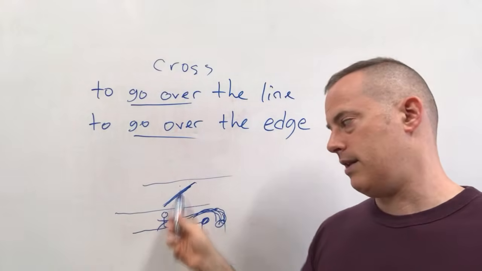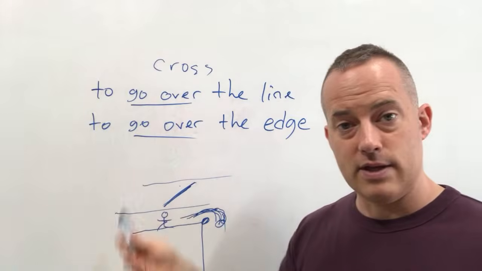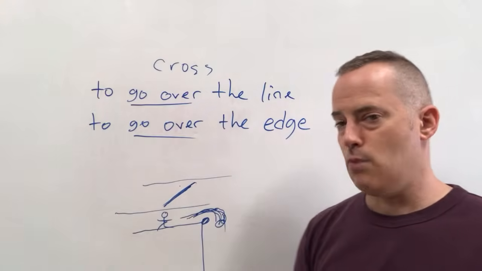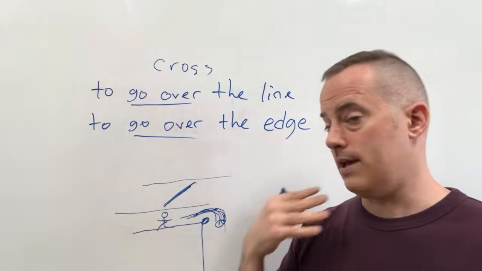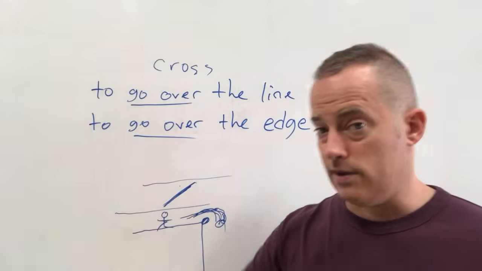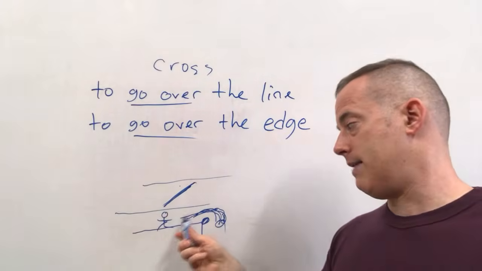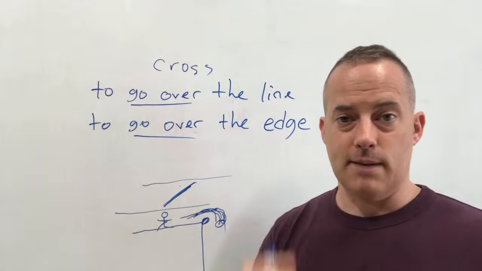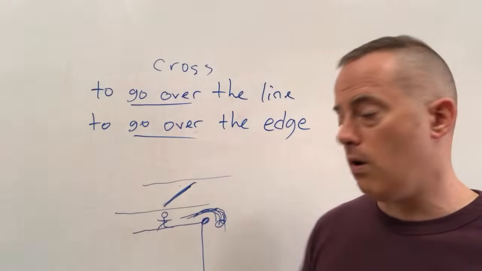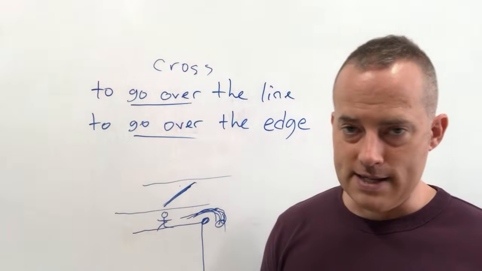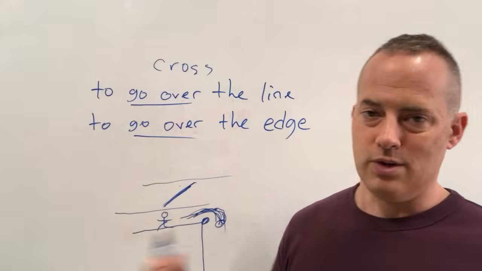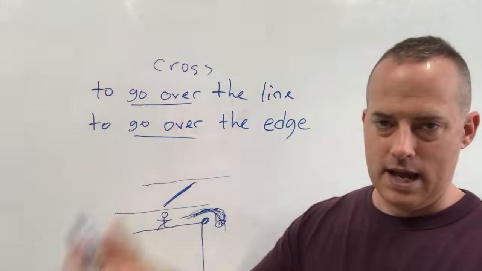We can understand these physical examples, and these are just things you can see, but then we understand the more figurative examples, like me saying something insulting about my wife's friend. So I go over the line like that, but if I go over the edge and I go crazy, I'm just really angry and I start, I don't know, punching people, I'm going over the edge, I'm doing something crazy that I probably should not be doing, and it will be very difficult to apologize for that or repair that situation.